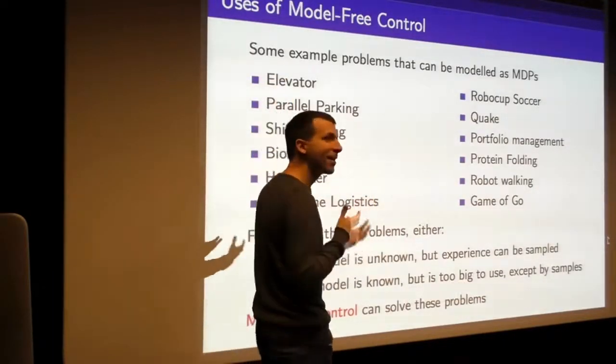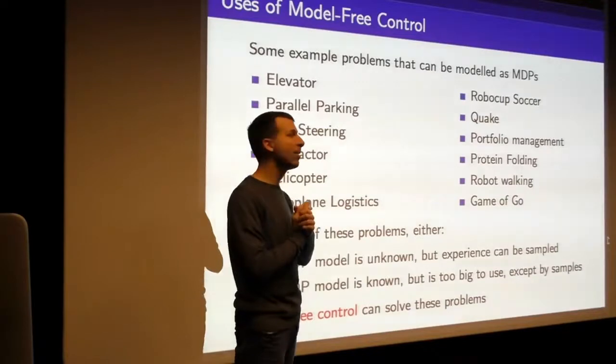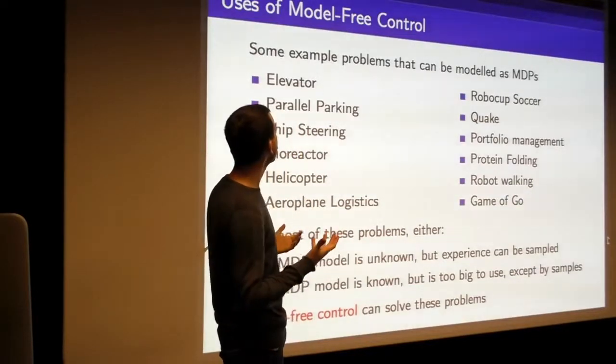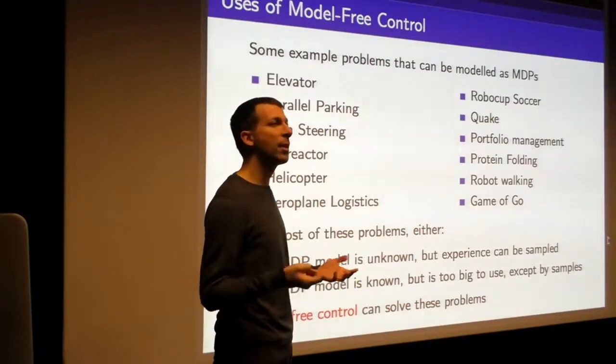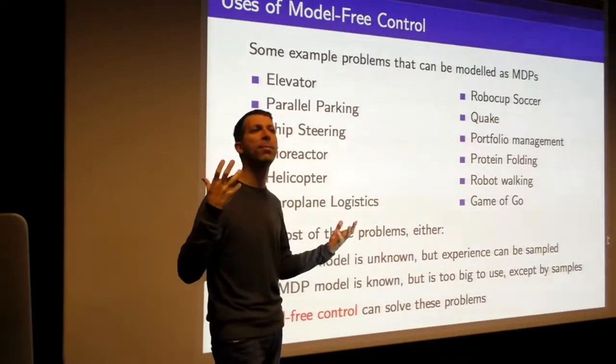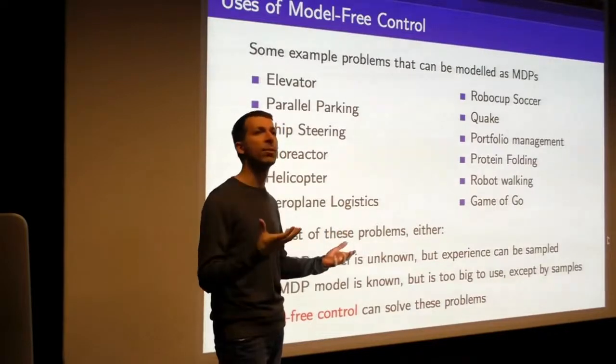Just to get you back in the flavor, I know we've had a week off, reading week, so I think it's helpful to get a reminder of why this is interesting. Why should we care about this particular flavor, this problem of unknown MDP reinforcement learning?